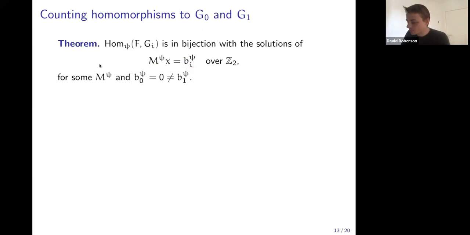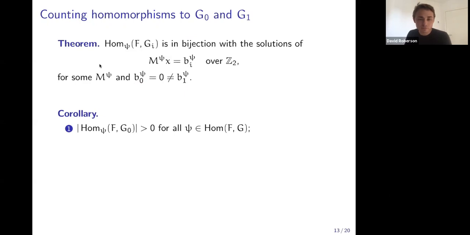In particular, for G0, this vector is just 0, but for G1, it's not 0. So that's all you really need to know. And as a corollary, you always have a solution for the G0 case because it's homogeneous, right? You always have a solution to a homogeneous system. So I get that this is always greater than 0.